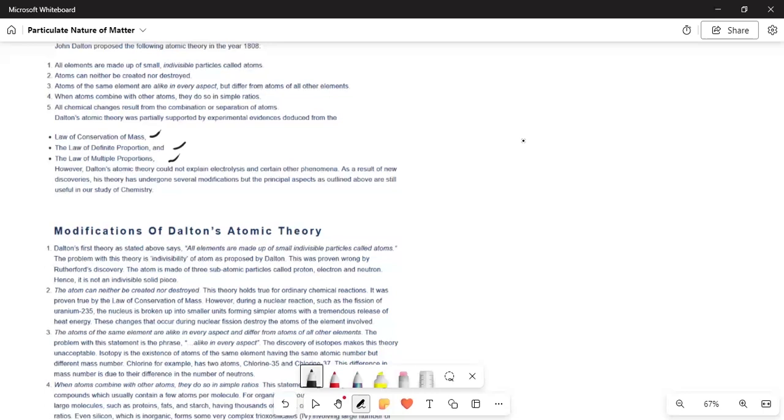But as we know it today, the atom is made up of electrons, protons and neutrons. The question here is, if something is made up of three individual components, then you can separate the components from each other. Can we say that such a thing is indivisible? Certainly not.